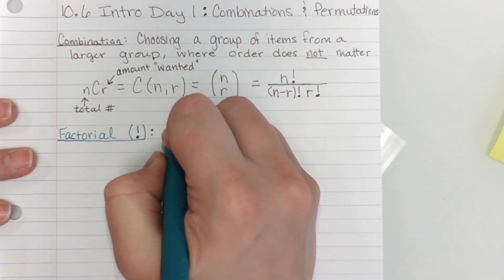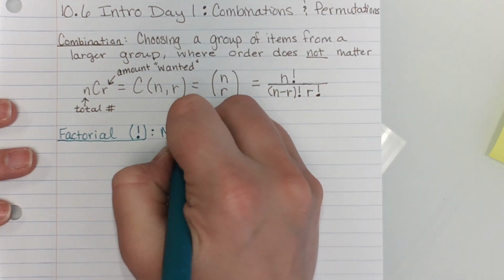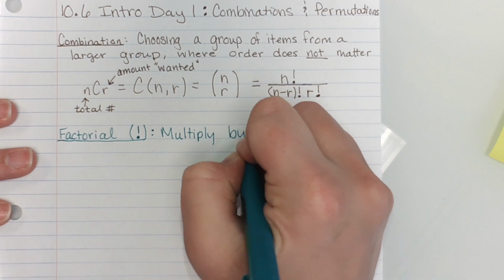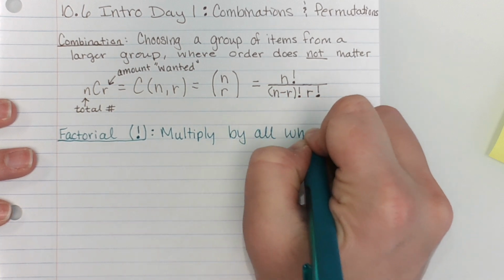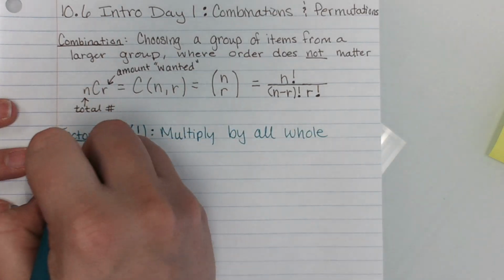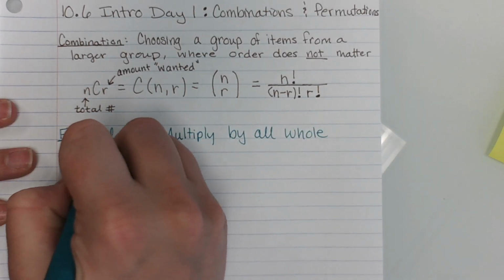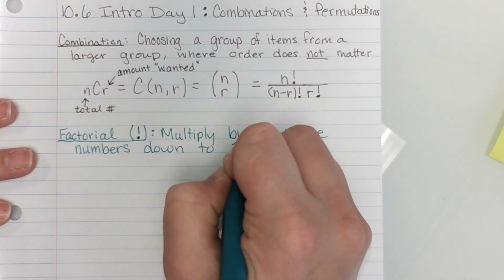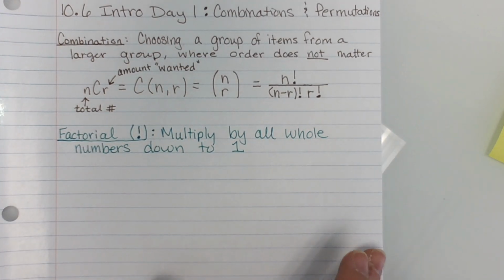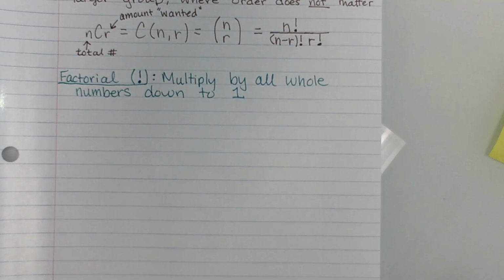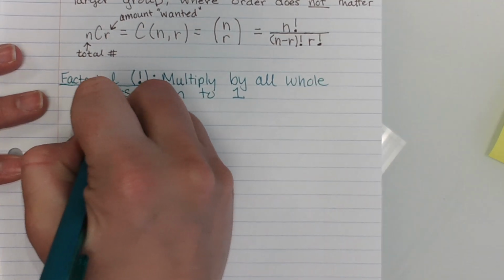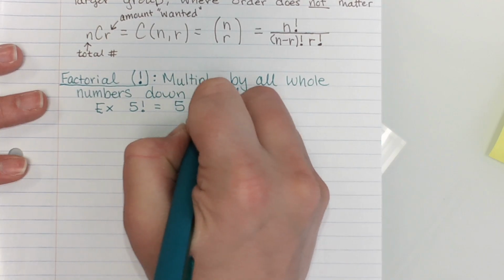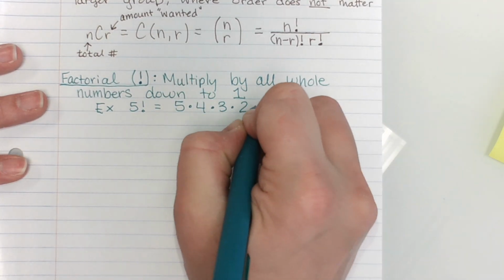A factorial is where you multiply by all whole numbers down to the number 1. For example, if I said 5 factorial, that would be 5 times 4 times 3 times 2 times 1.